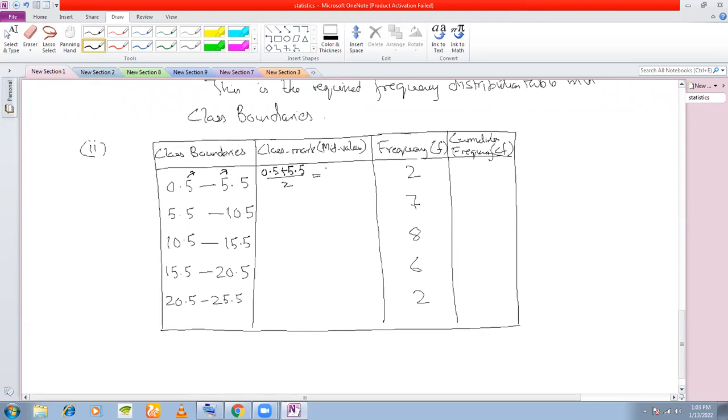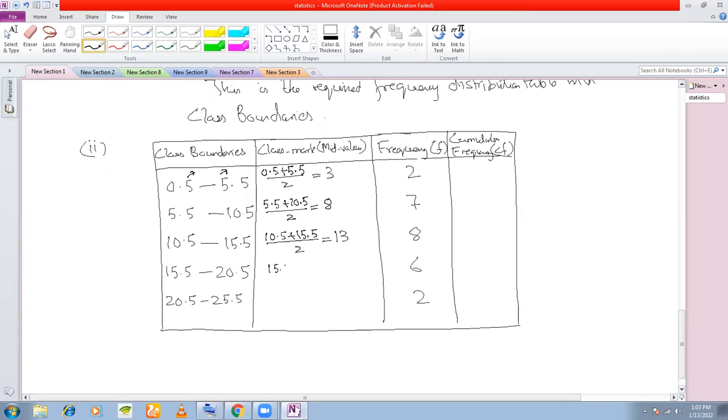So how much do you get? 3. For the next one, you do the same: 5.5 plus 10.5 divided by 2, which is 16 by 2, which is 8. The next one is 10.5 plus 15.5 divided by 2, which you get as 13.